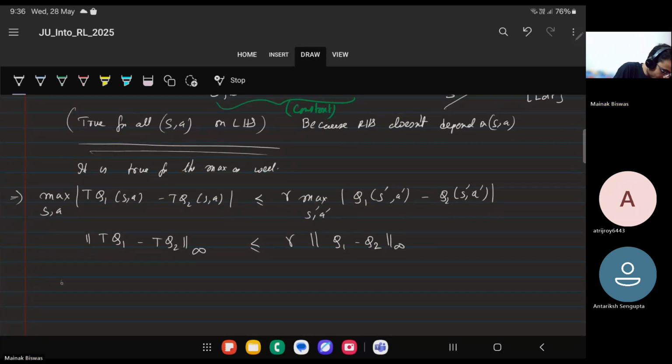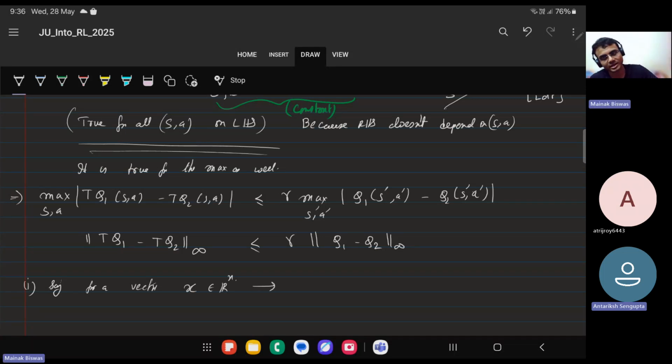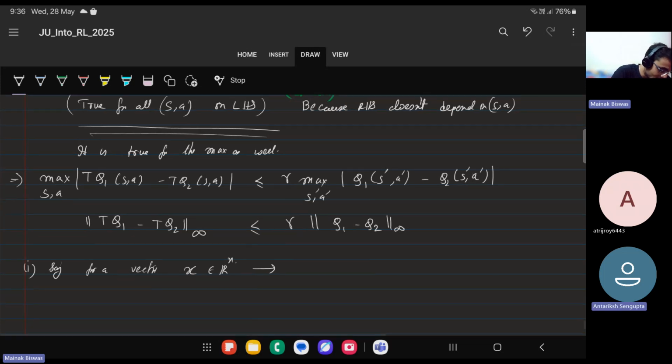Say for a vector x, if it is a vector in the n dimensional space, x1, x2, up to xn, the L infinity norm of x is defined as the max of |xi|, i equal to 1 to n.